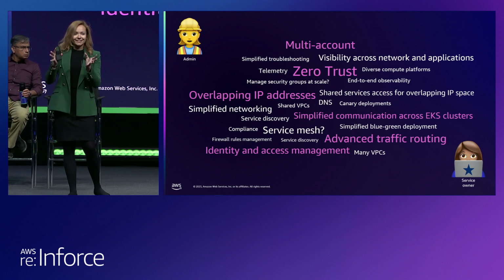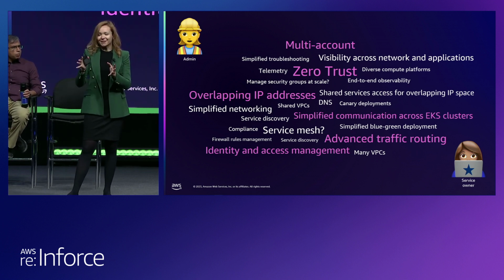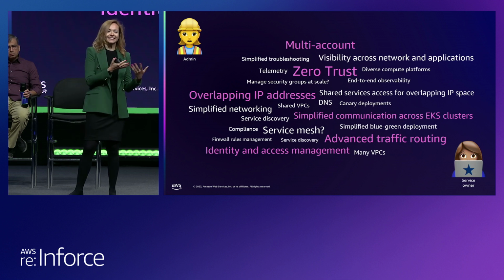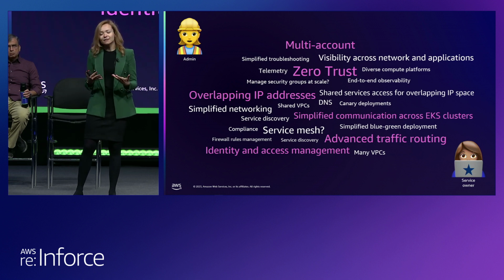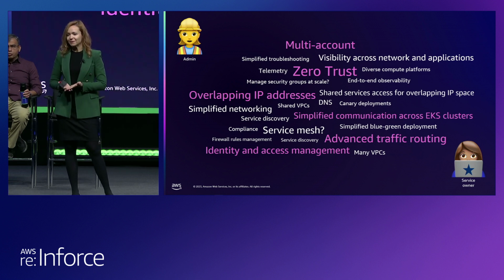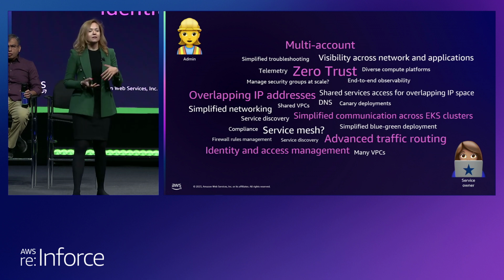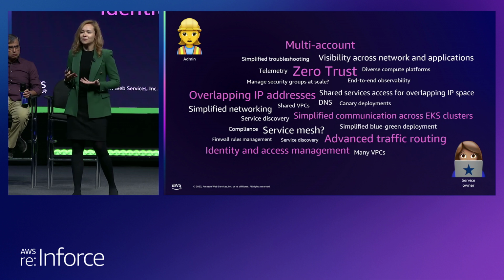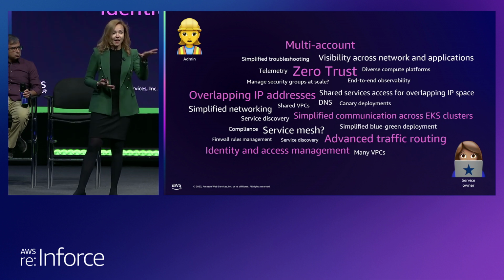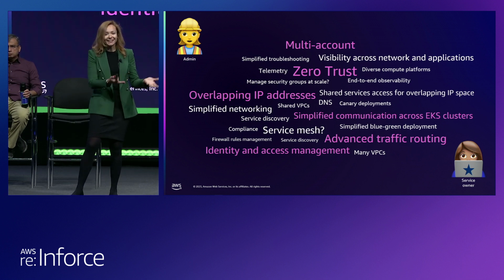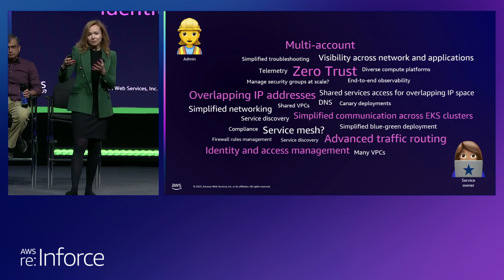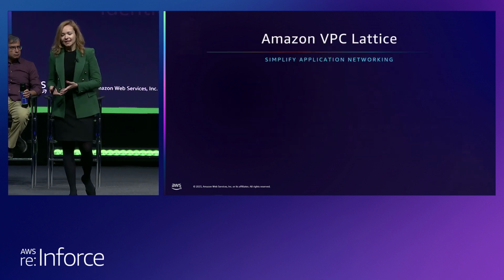All these words on this word cloud outline the need for these 2 personas to come together. And here's where Amazon VPC Lattice comes in, to bridge the gap between these 2 personas, and between what the admin team built with Cloud WAN so far, and the application needs.